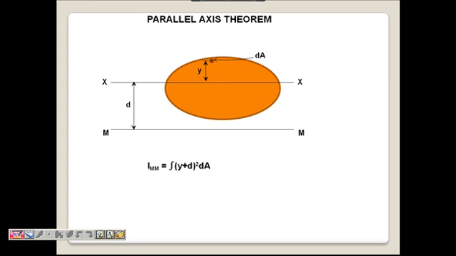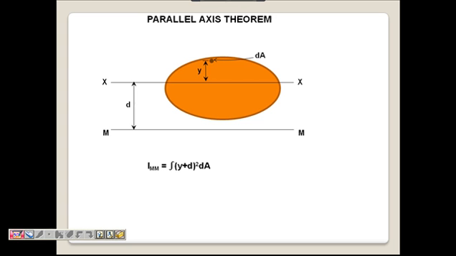Now if you look at the figure and see how much dA is away from axis mm, you will find that that distance is y plus d. So we square that distance, multiply by dA, integrate it over the whole area, and you have the moment of inertia of this entire area about the new axis, the mm axis, which is at a distance d from the centroidal x-axis.